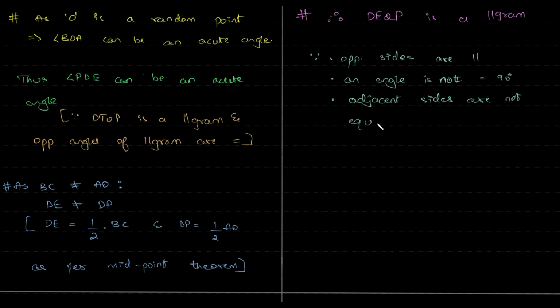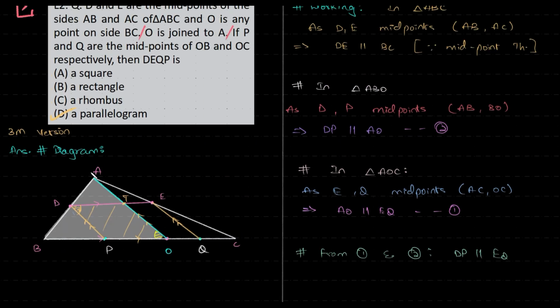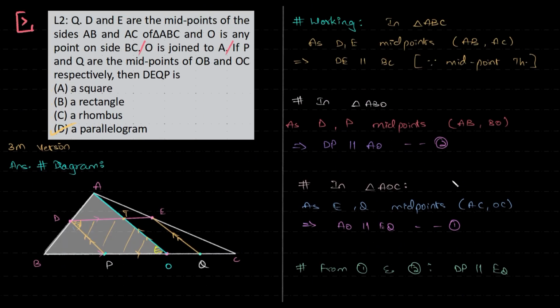Yes, so this answering is a combination of answering an MCQ and a 3-mark question wherein they tell you to prove that the structure is a parallelogram but not a rhombus. Something like that. So you have to get matured about what to write, how much to write.